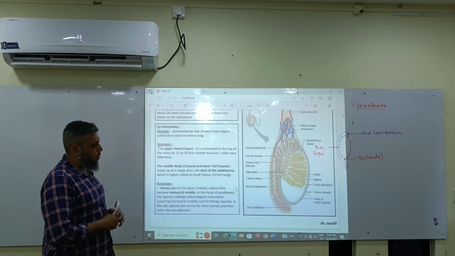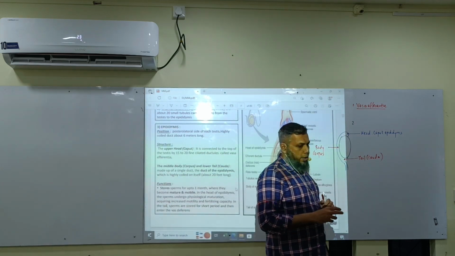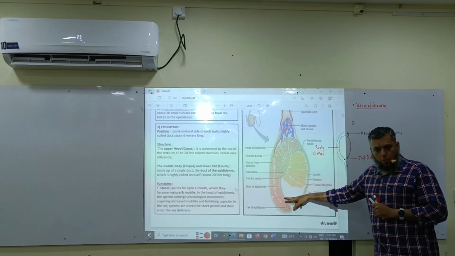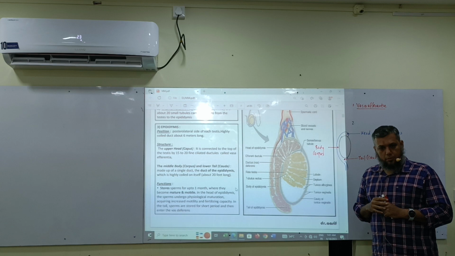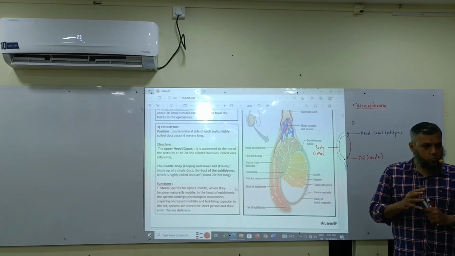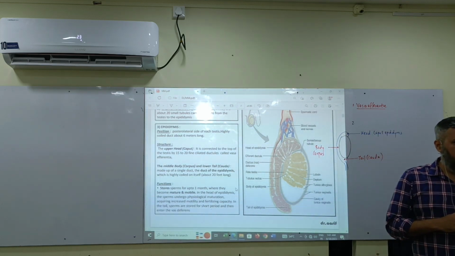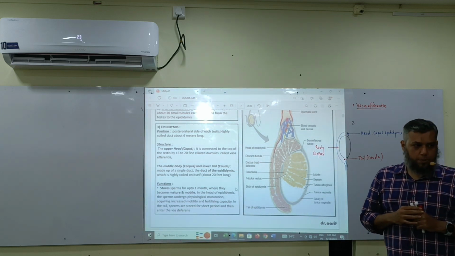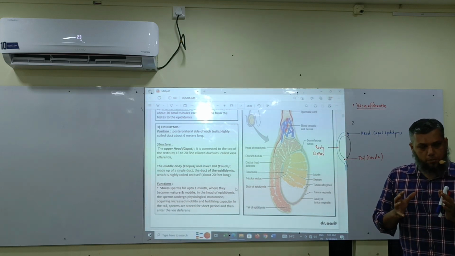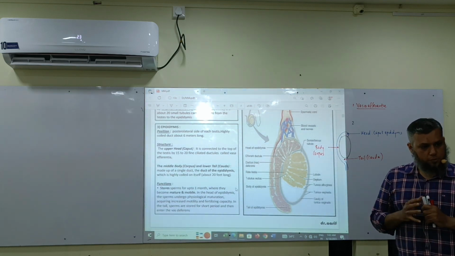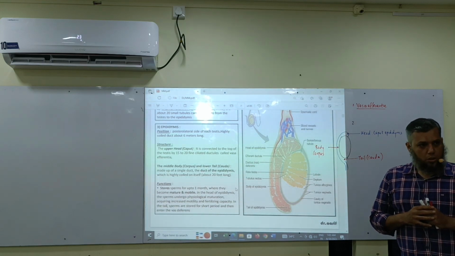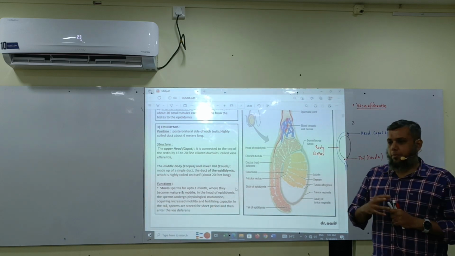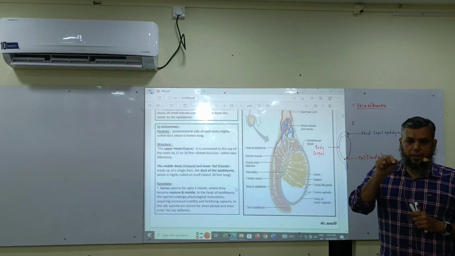The function of the epididymis is that it can store the sperms for almost 1 month. During this month, it helps in the functional maturation of the sperms. After the sperms are formed, they don't immediately get fertilization ability.